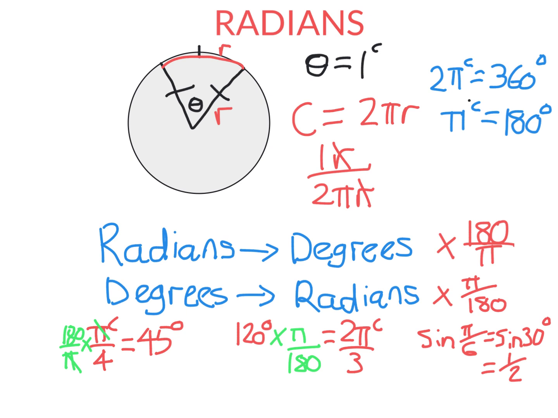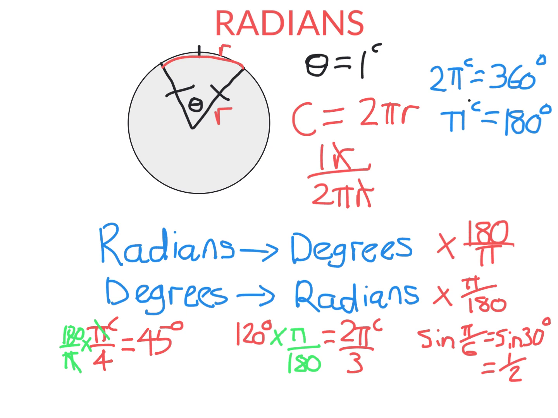Now you need to be careful because when you're using trigonometric functions sine, cos, and tan, you need to be clear whether the question is asking you about radians or degrees, and your calculator needs to be in the correct mode. Usually you'll see a box with an R in it if it's in radians mode, and a box with a D in it up the top if it's in degrees mode.